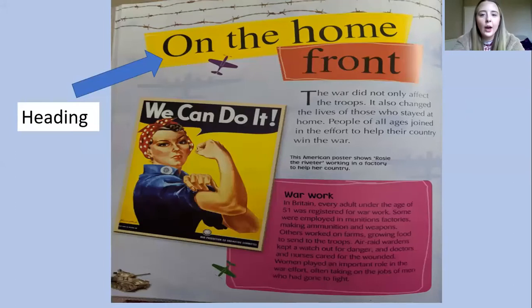Happy days. So this is a page here of one of the chapters in this book called On the Home Front. Now, at the top of the page in big writing it says On the Home Front, and we call that a heading. Why do you think they have headings at the top of the page?